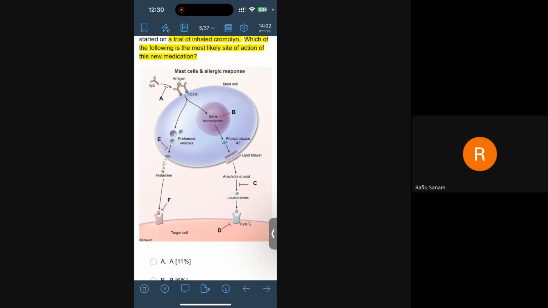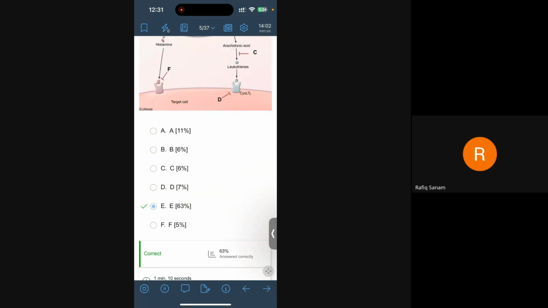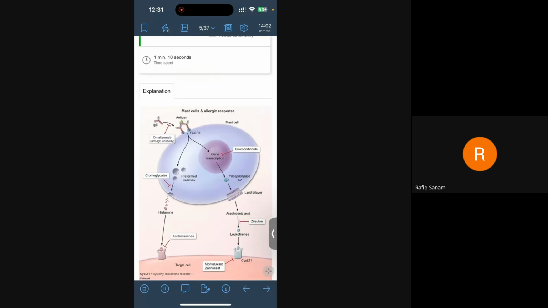It inhibits the conversion of arachidonic acid into leukotrienes: zileuton. And option D? Leukotriene receptor inhibitor, montelukast. Okay, let's move on to the next one.